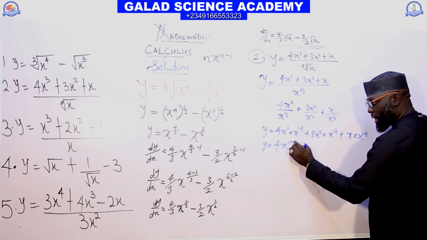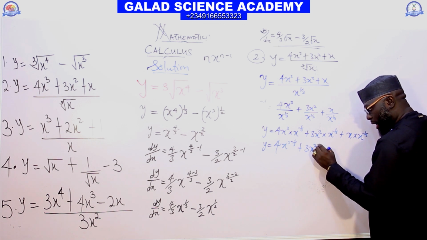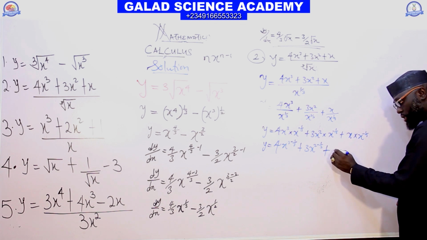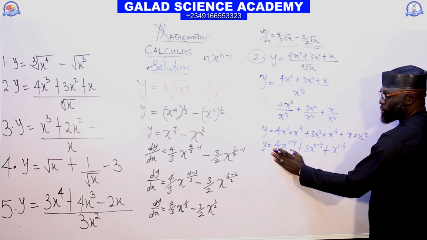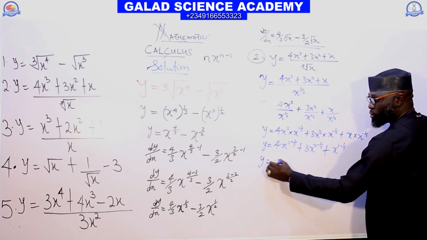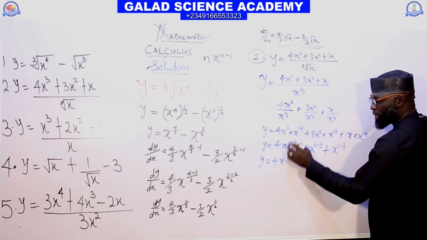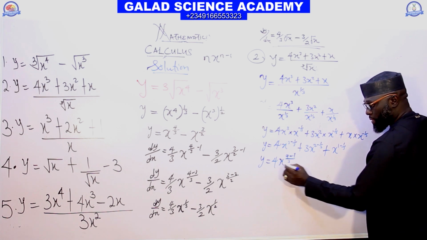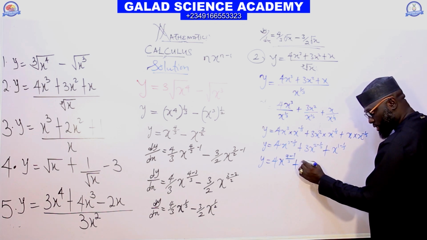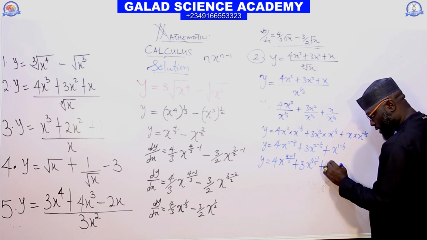So by solving it further, we have 4x to the 3 minus 1 over 3, plus 3x squared minus 1 over 3, plus x to the power 1 minus 1 over 3. What do we do now? y should be 4x, what is LCM here? 9 minus 1 over 3, plus 3x, LCM here is 6 minus 1 over 3, plus x to the 3 minus 1 over 3.